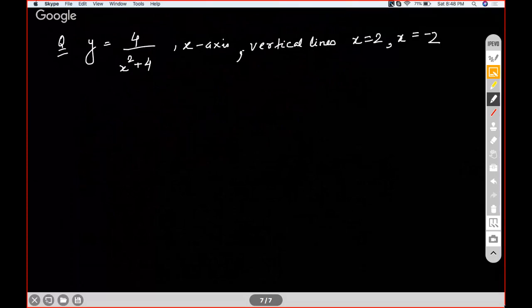So it'll be like a sort of trapezium, like the area.